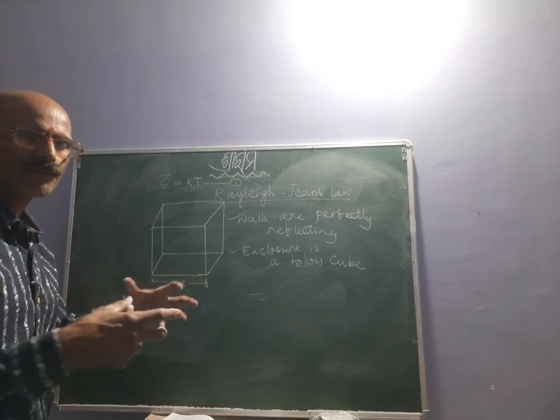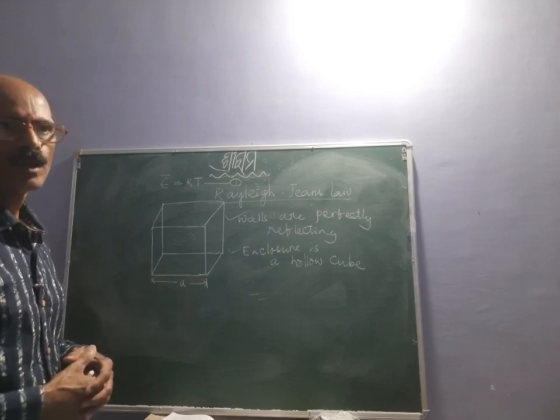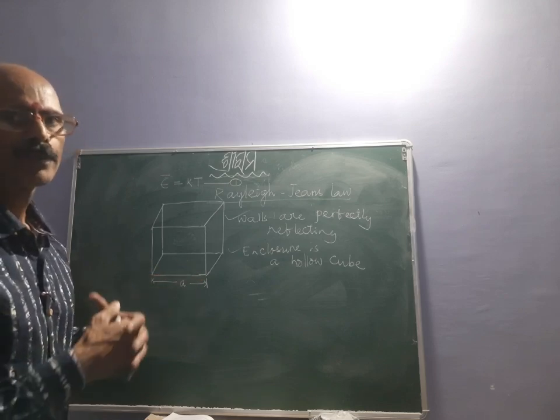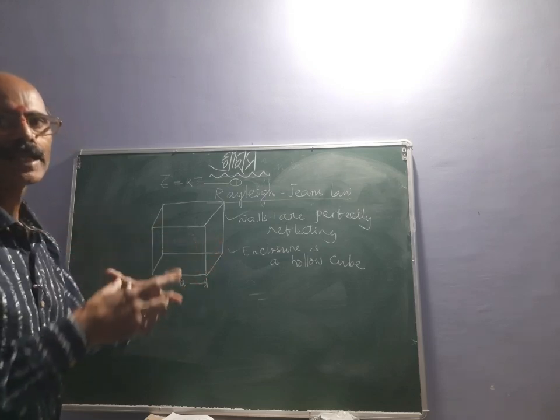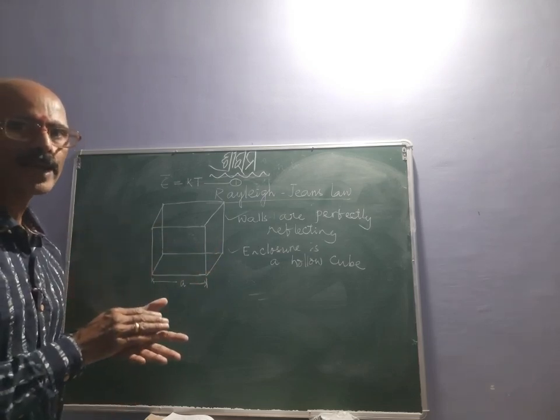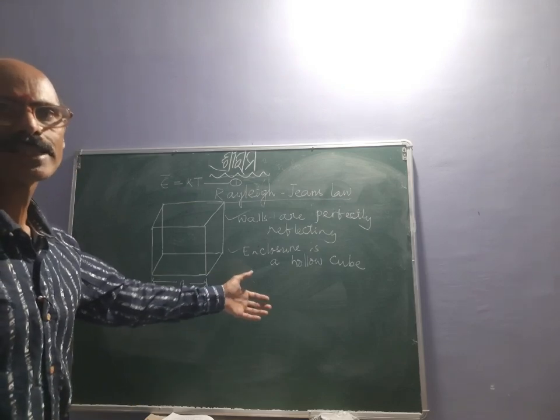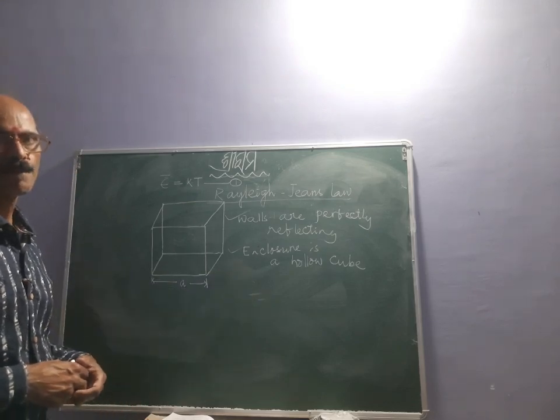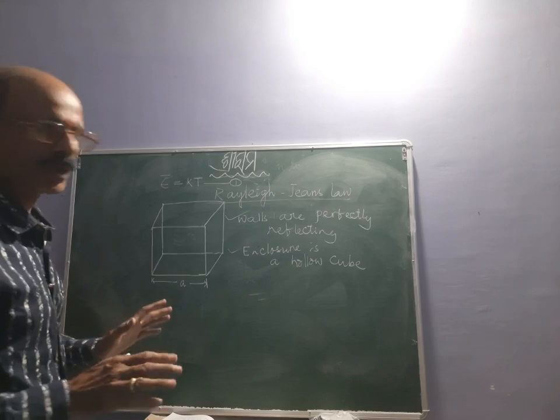When they undergo multiple reflections, those reflected waves interfere with each other, and due to that interference, standing waves or stationary waves are formed. Understood?